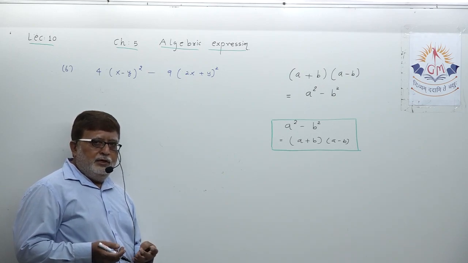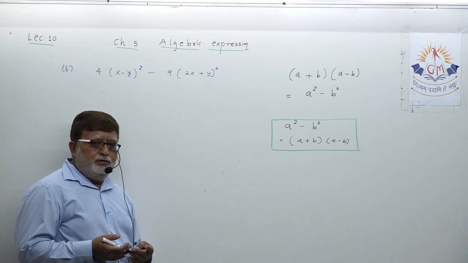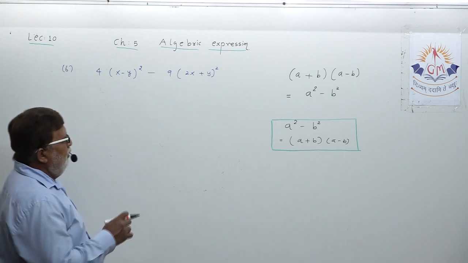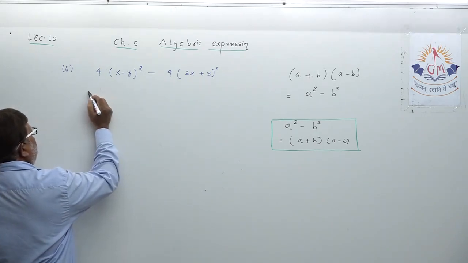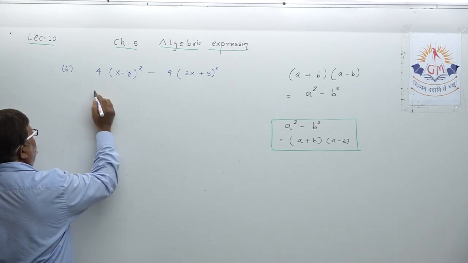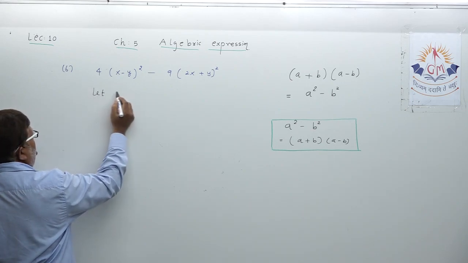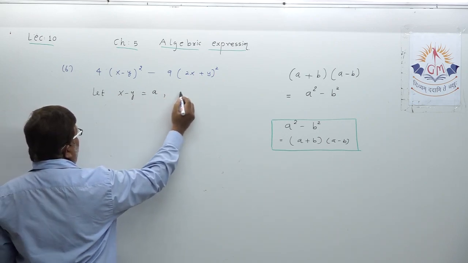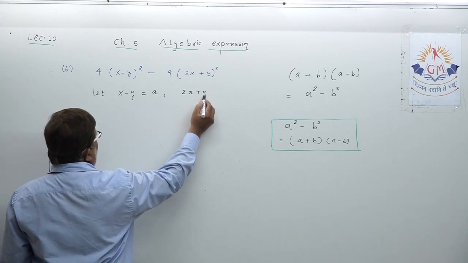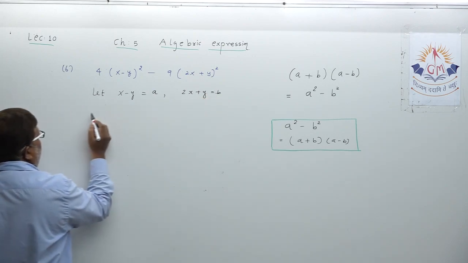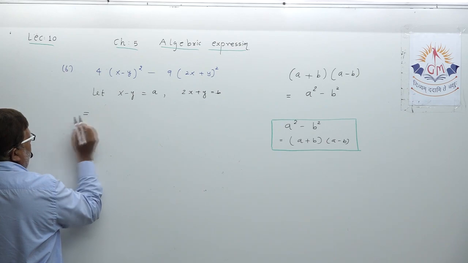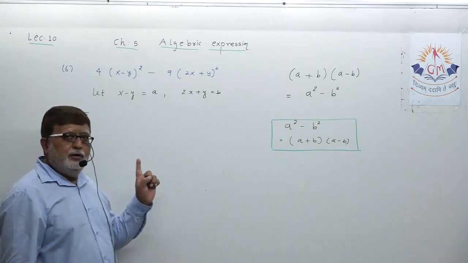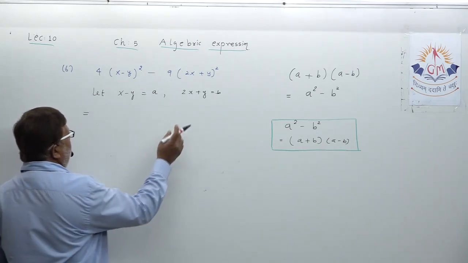I told you in advance that when we come across such an example, you should suppose such alphabets which will not confuse you during the solution. Okay. Let me take x minus y equal to a and 2x plus y equal to b. Let me write accordingly. I have taken x minus y as a and 2x plus y as b.